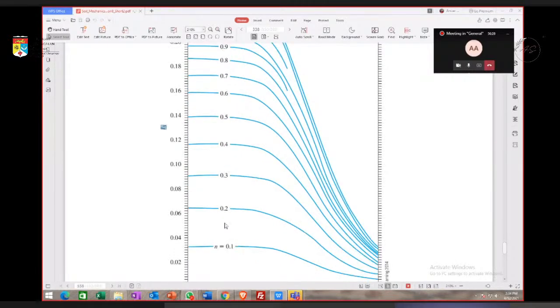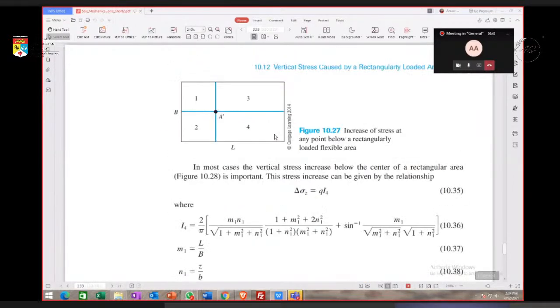Okay, let's say the location is not exactly at the corner. At the corner, we can straightforwardly use the whole area here. But the thing is, the location of soil where we want to find the increase in stress is not at the corner.